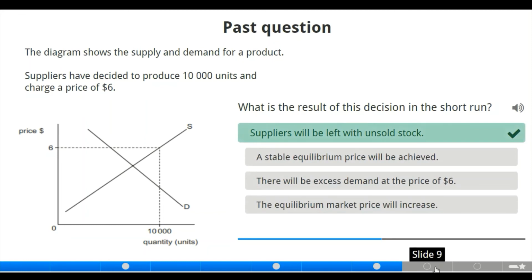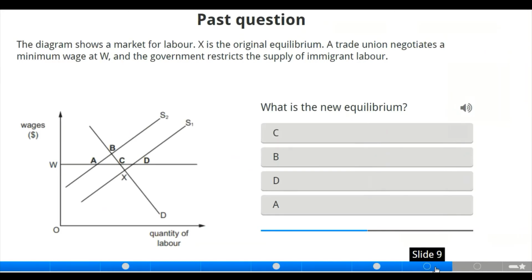Now moving to the next activity, we also have a past question. The diagram shows a market for labor. X is the original equilibrium. Now let's check our X here. A trade union negotiates a minimum wage at W, and the government restricts the supply of immigrant labor.